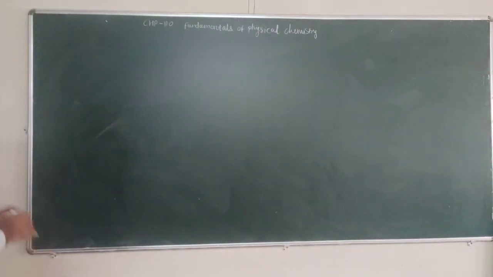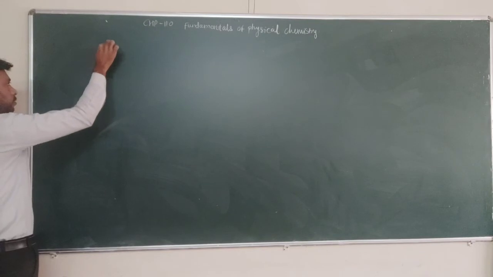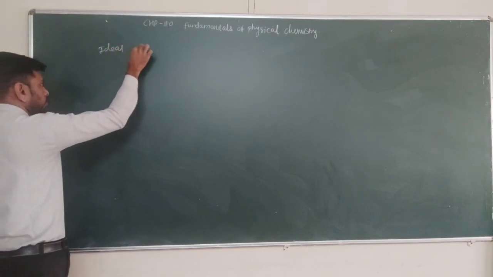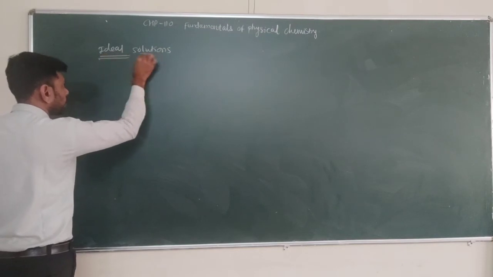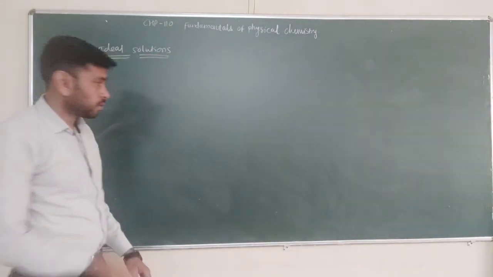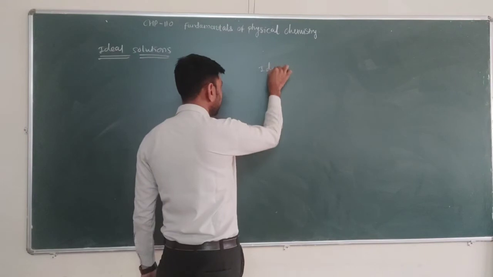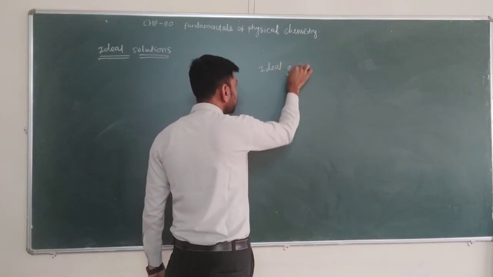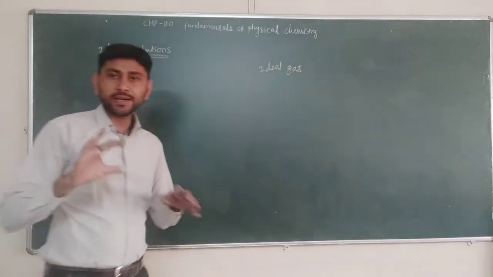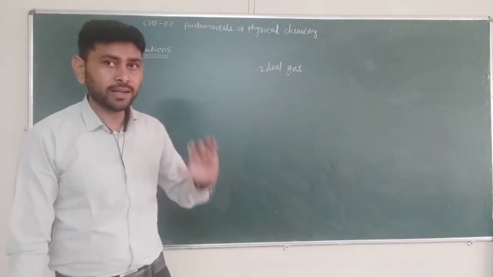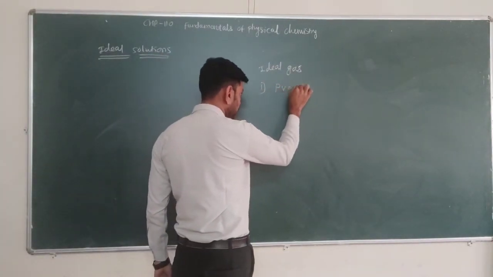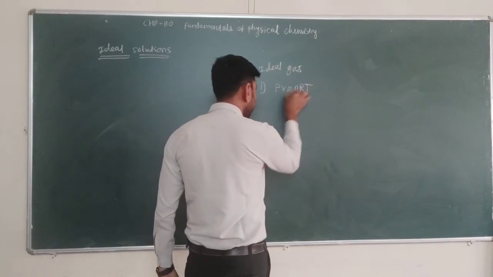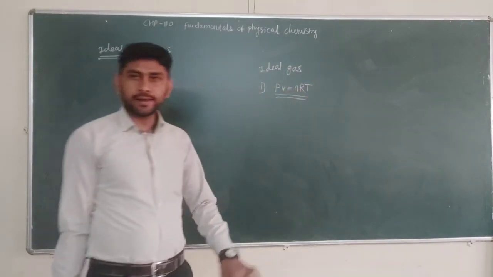Before studying ideal solutions, we must know what an ideal gas is. An ideal gas must follow the ideal gas equation. The gas which follows the ideal gas equation is the ideal gas.